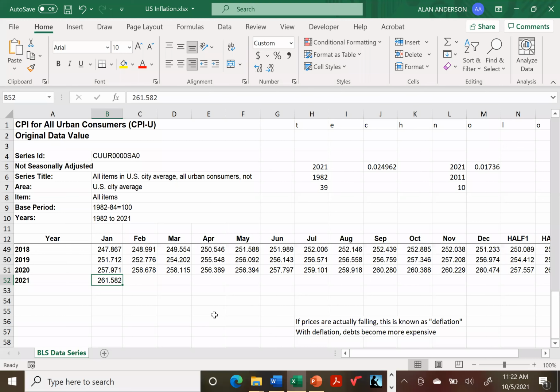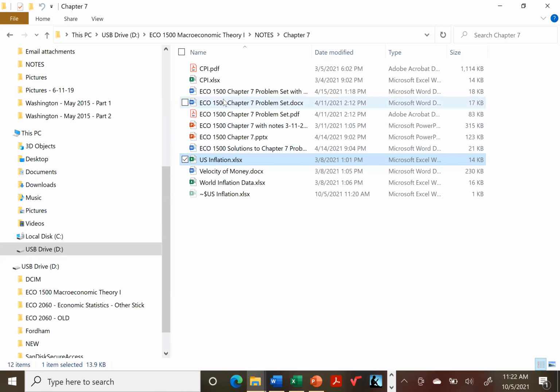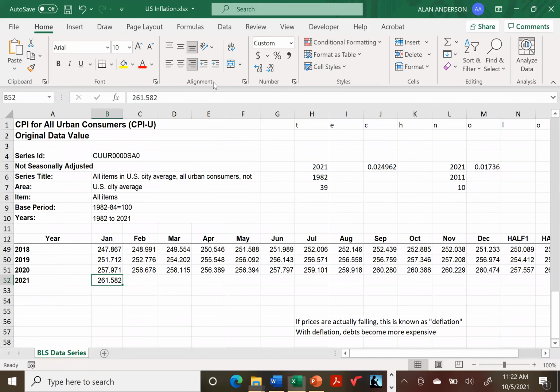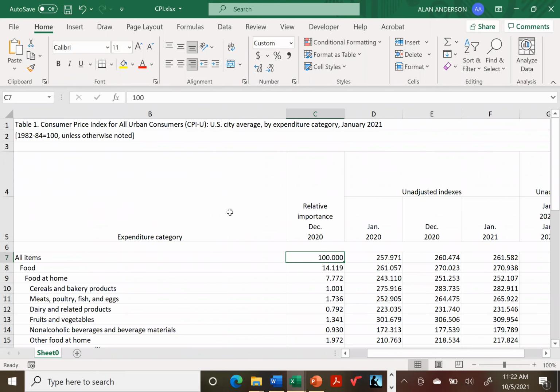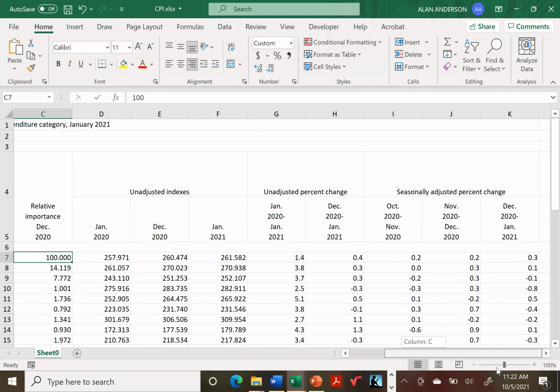Okay, so that's why these numbers look this way. They're meant to represent the increase in prices since the base year. But the actual composition of this index is very, very complicated. In fact, I think that's what this document is. Yeah, so this is going back to December. No, here it is. We got.